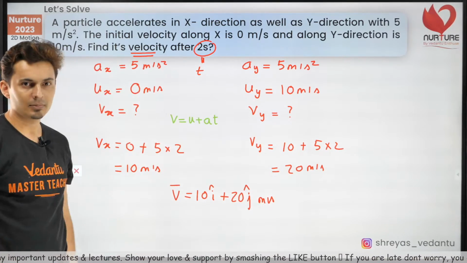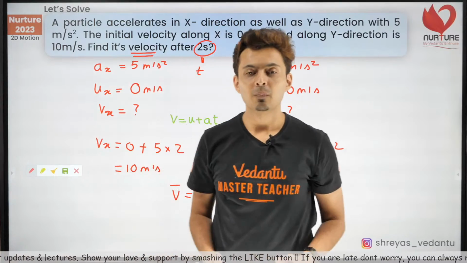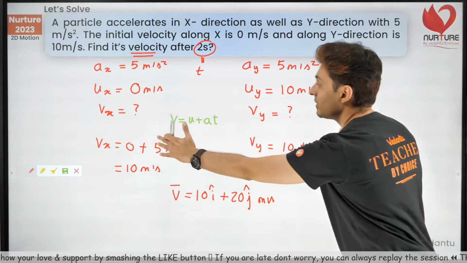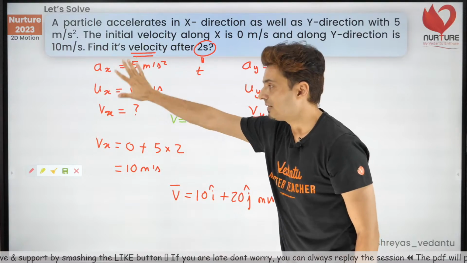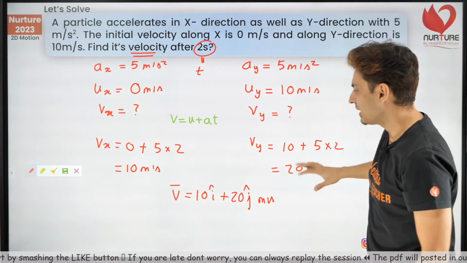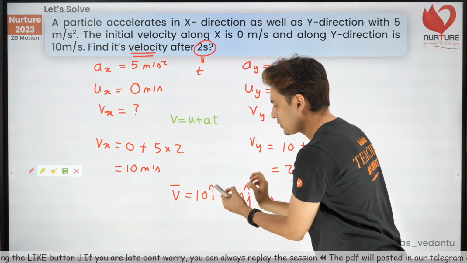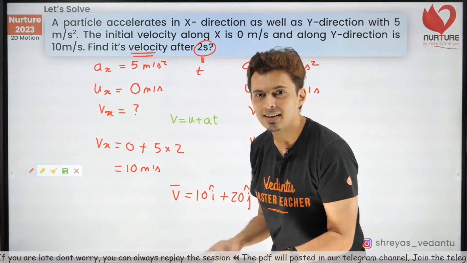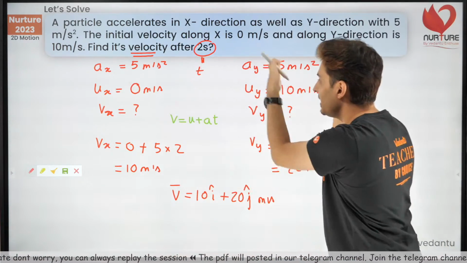That's it, done. Don't you see the true importance, the significance of resolution of vectors? You can solve this separately, you can solve this separately, and you can write it in this form so conveniently. Isn't it easy, guys? Isn't 2D actually 1D two times?